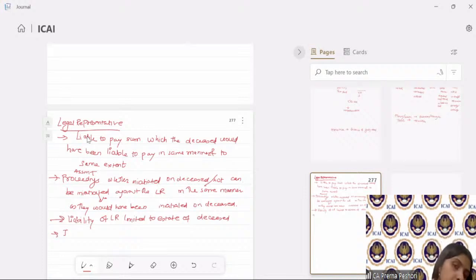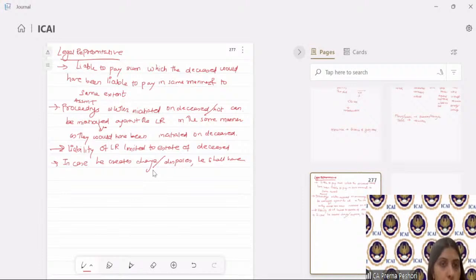In case he creates charge or disposes, he shall have personal liability limited to the value of estate.